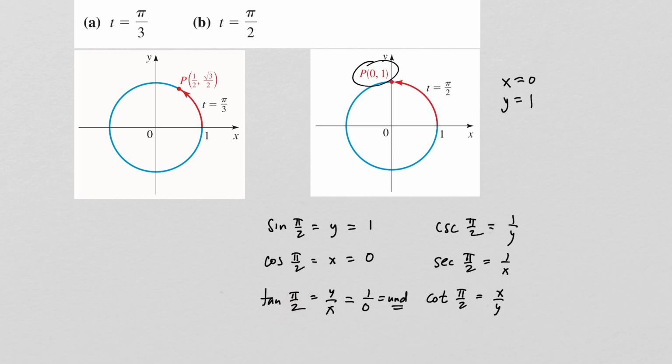Now, cotangent of pi over 2 is x divided by y, which is 0 divided by 1, which is 0. Secant of pi over 2 is 1 divided by x, that's 1 divided by 0, and that is also undefined. And cosecant of pi over 2 is 1 over y, which is 1 over 1, which is equal to 1.